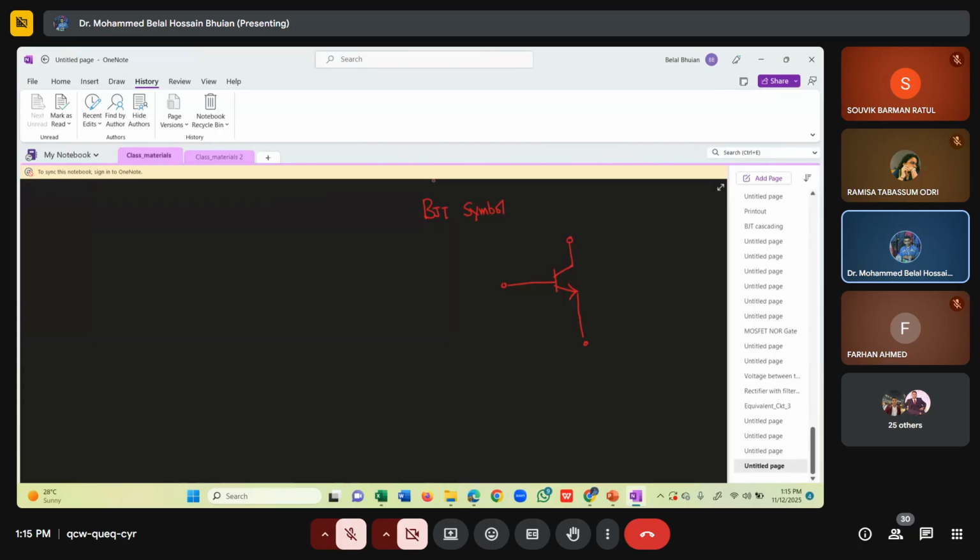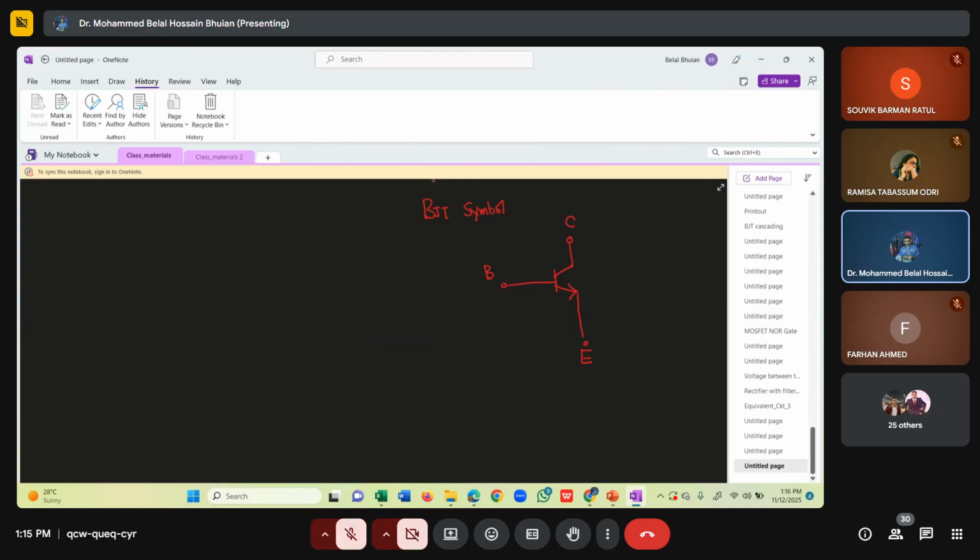Of course, you can logically say the three terminal middle one must be the base. Then the question is which one is collector, which one is emitter? You see, there are two terminals. One of them has got an arrow. So the terminal which has an arrow is the emitter, and the remaining one must be the collector. So base, collector, and emitter.